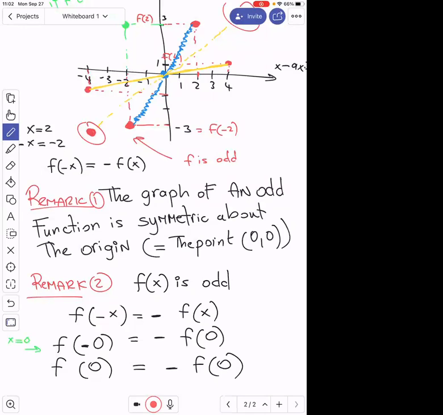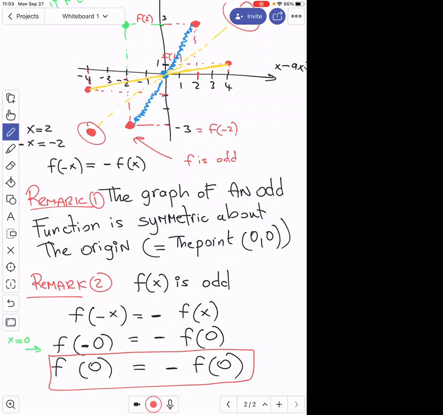So f of 0 is going to be equal to its opposite. Which number is equal to its opposite? Of course, 5 is not equal to its opposite. The opposite of 5 would be -5, and they are different. But there is a number which is equal to its opposite. Any guess? Well, it's 0, because 0 is equal to -0.